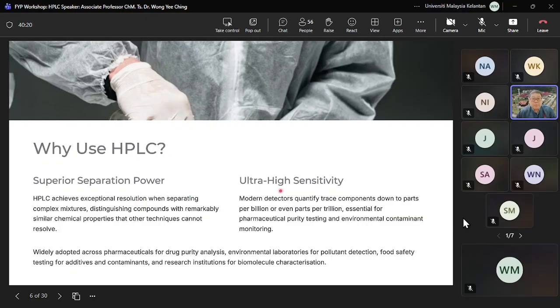Another one is the ultra high sensitivity, because whatever compound we are trying to detect in a complex mixture, you need a very sensitive instrument to detect even the minute compounds that are there. This is part and parcel of why we use HPLC rather than normal liquid chromatography.